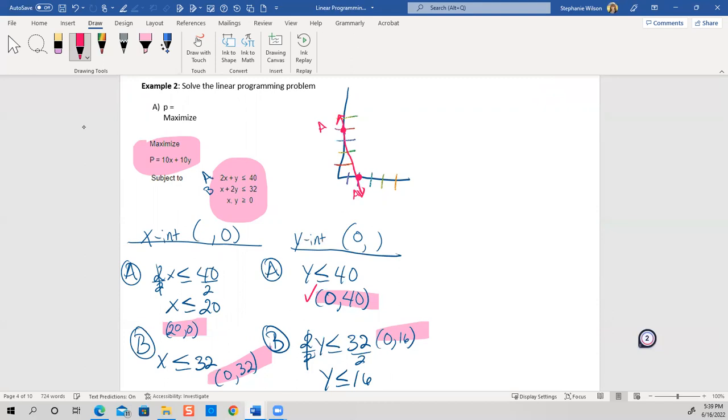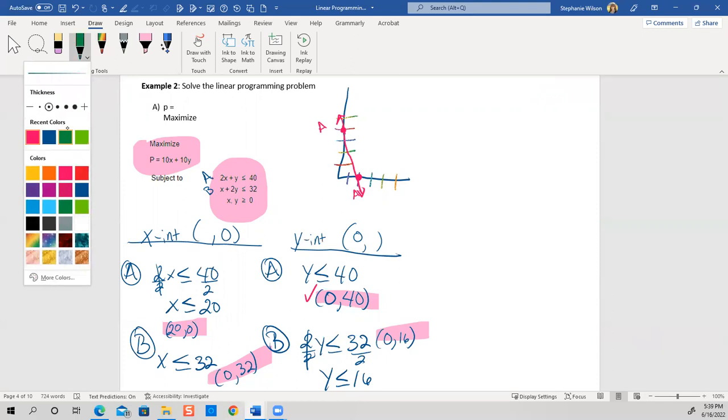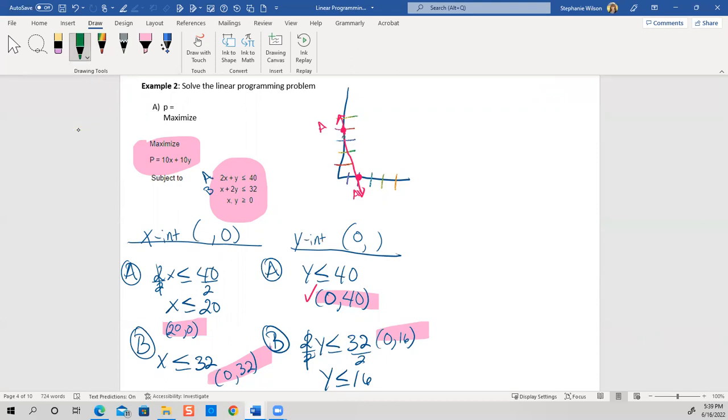All right, now let's do B. It's going to be 0, 32. So it should be about right here, and that line shouldn't have fallen on it like it did, but my lines are not straight.